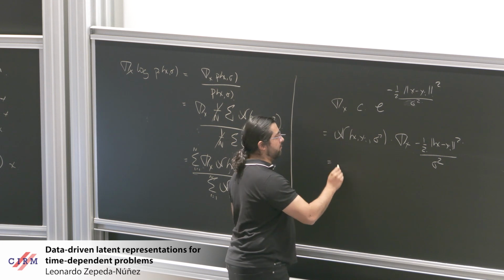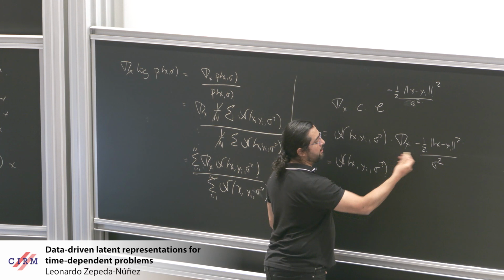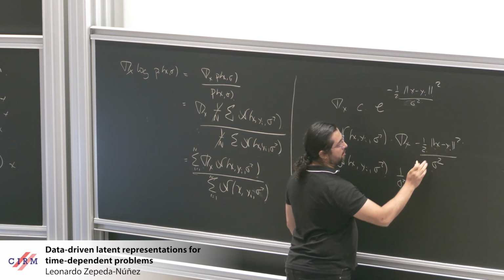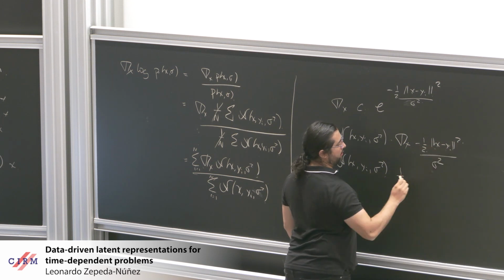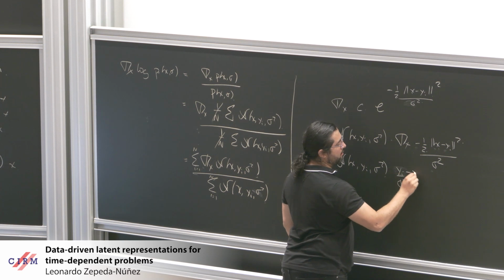This you know how to do. So normal N of x, yi, sigma square, and this is nothing more than 1 divided by sigma square, the 2 comes out, then you have the minus here, so we have yi minus x.